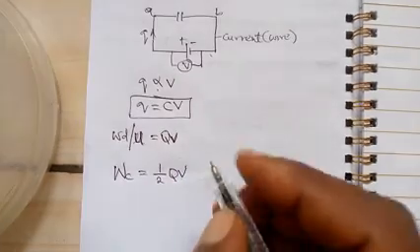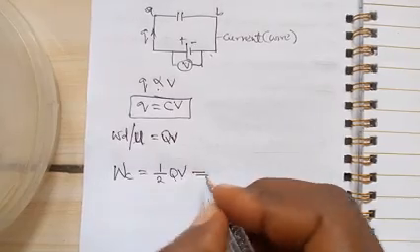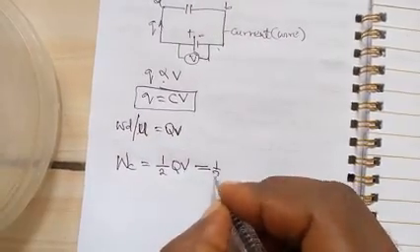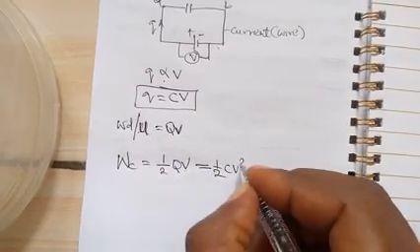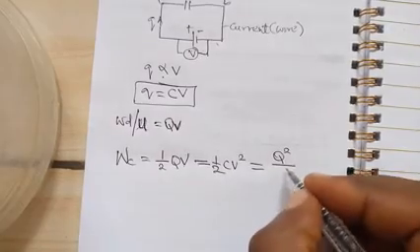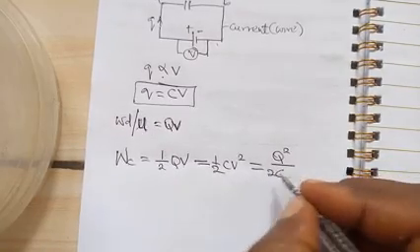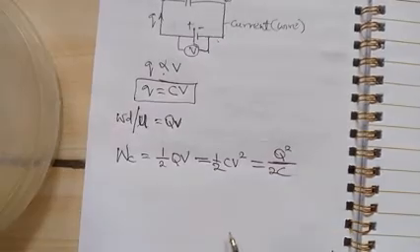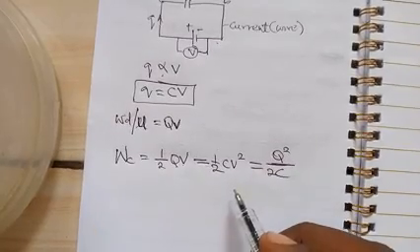It is also equal to half CV squared. It is also equal to Q squared over 2C, sorry. So this is the formula for that.